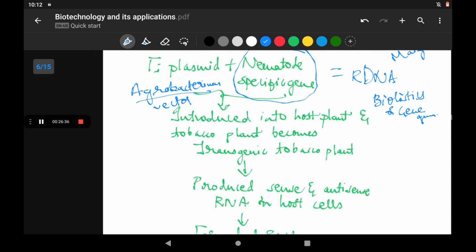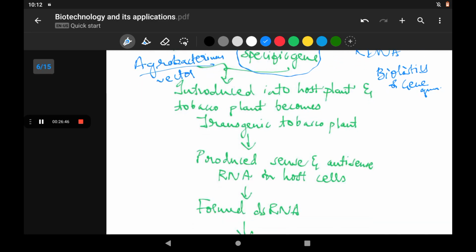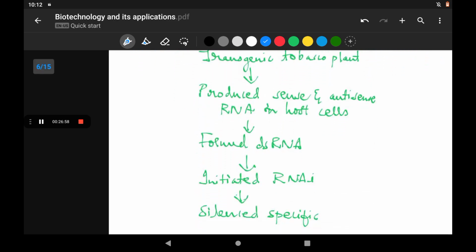So this recombinant DNA is introduced into the host plant by biolistics or gene gun, and it becomes the transgenic tobacco plant. So they produce this double-stranded RNA. The reason is that they produce the sense and antisense RNA in the host cell. As a result, since they are complementary, they form the double-stranded RNA. So this initiates RNA interference.